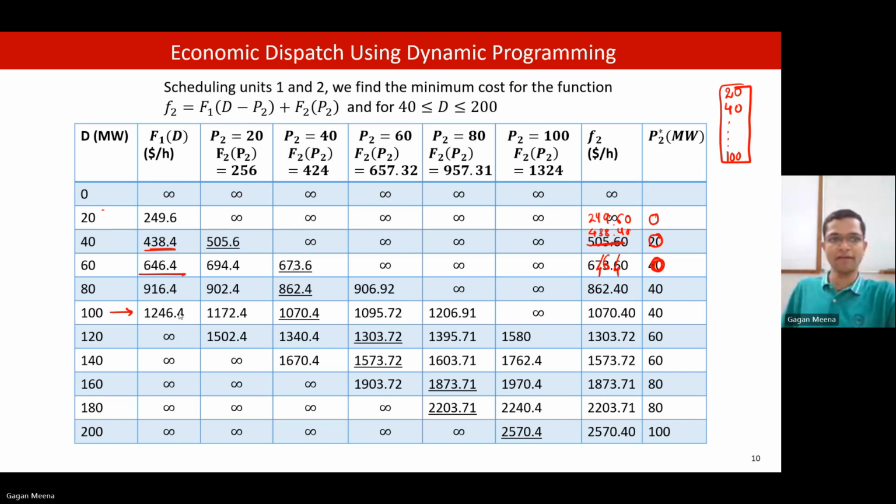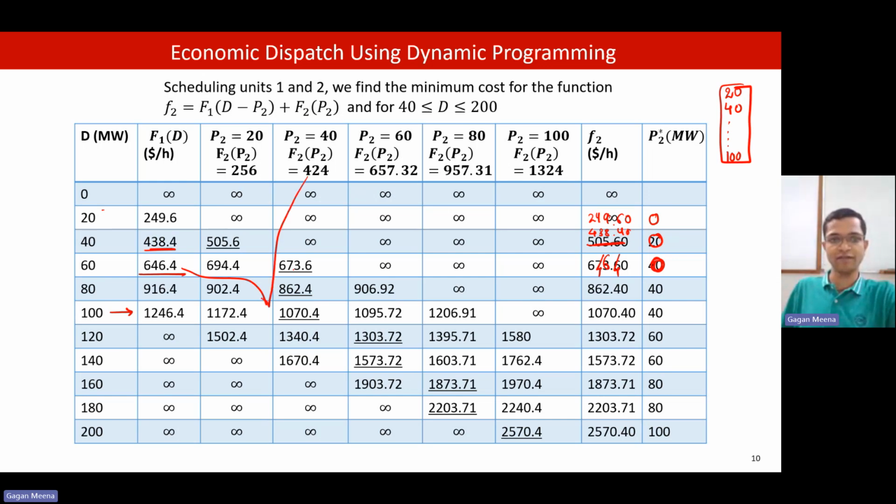Okay. Move on to 100. If we see 100, one option is the entire 100 by P1. The second option is P2 provides 20 and the rest 80 by P1. Add this to 256 and you will get this. The third option is P2 is 40 and P1 is 60.